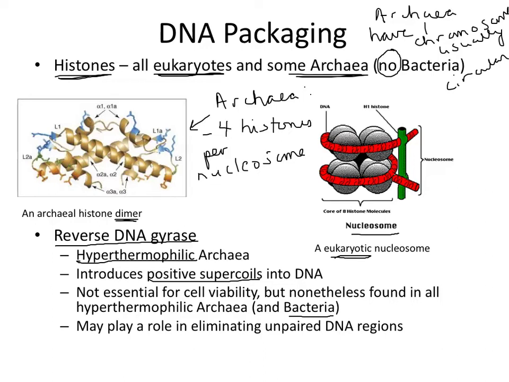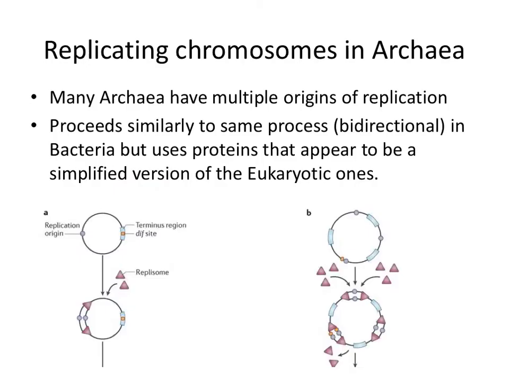There would be a tendency towards that in high temperatures, and reverse DNA gyrase and the act of positive supercoiling might fight back or combat that tendency. That's a hypothesis right now. It's not a proven theory, but nonetheless it is true that the hyperthermophiles all have reverse DNA gyrase and a high level of positive supercoiling.